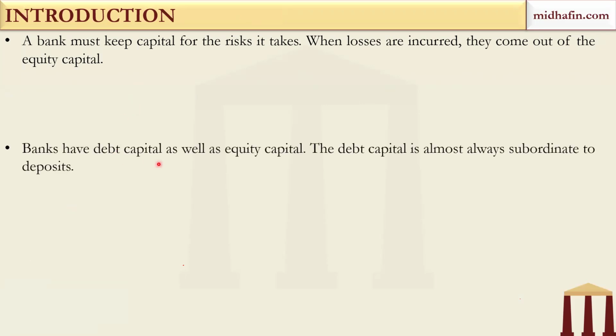Banks have debt capital as well as equity capital, and the debt capital is almost always subordinate to deposits. So see, who has the first claim on the resources of a company? Forget a bank right now. Is this true for any company in general? The first claim on the company's resources belongs to the creditors, right?